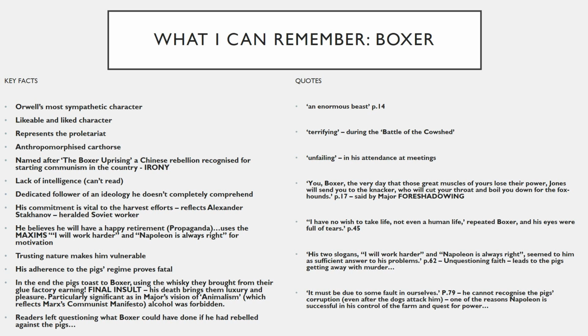The pigs get luxury and pleasure through Boxer's death. It's also interesting to think about Old Major's vision at this point. When he first came up with animalism, he described that alcohol should be forbidden, and we can also remember at this point that animalism is being used to reflect Karl Marx's Communist Manifesto.